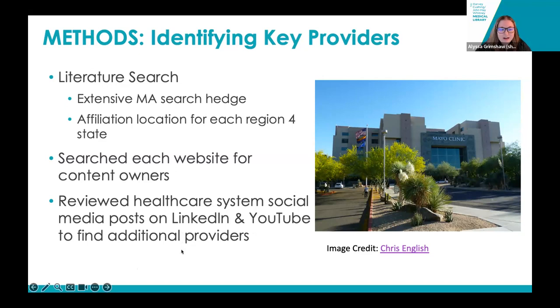I did a website search on all of the key healthcare systems and providers to identify physicians that may have been identified as experts in Mullerian anomaly care. And then I took it a step further and we did searches on LinkedIn and YouTube to find healthcare system information and advertisements where they might be pinpointing a particular provider in the care of this patient population. Next slide, please.